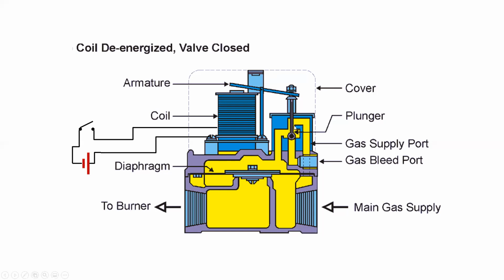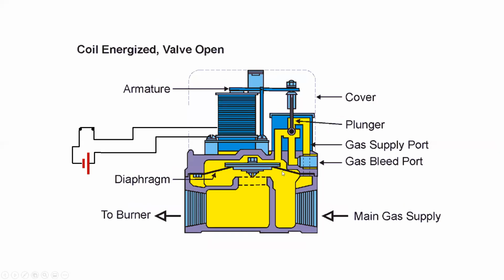If the plunger is raised, the pressure will be bled through the gas bleed port out from above the diaphragm, causing a lower pressure above the diaphragm. This then allows the main gas pressure, in a low gas pressure system around 2 to 3 psi, to push the diaphragm plug up, and gas then flows off to the heating assembly.